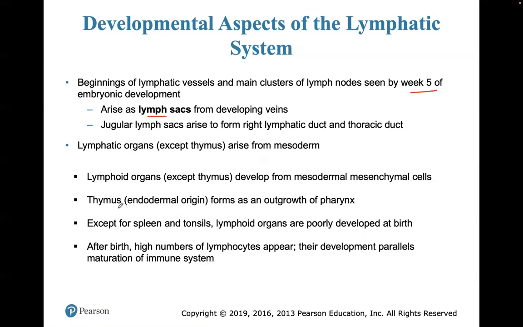The thymus itself originates from the endoderm. Endoderm and mesoderm are two layers of the fetus. Ectoderm is the outside layer, endoderm is the inside, and mesoderm is in between. So mostly lymphoid organs arise from mesoderm, while the thymus arises from the endoderm as an outgrowth of the pharynx.